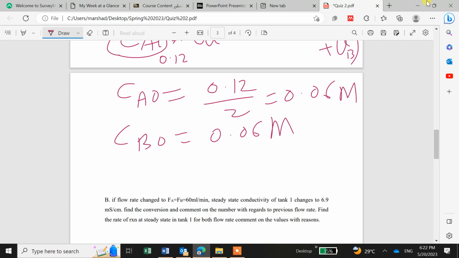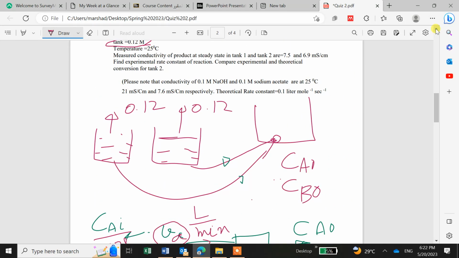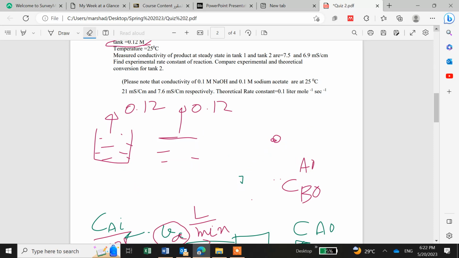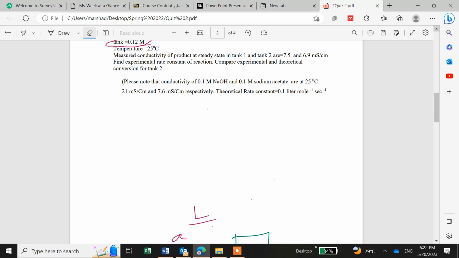Now we have to find lambda 0 and lambda infinity. Lambda 0 is, as we said before, the initial conductivity before the reaction starts. Cb0 is ethyl acetate, which doesn't have any conductivity.